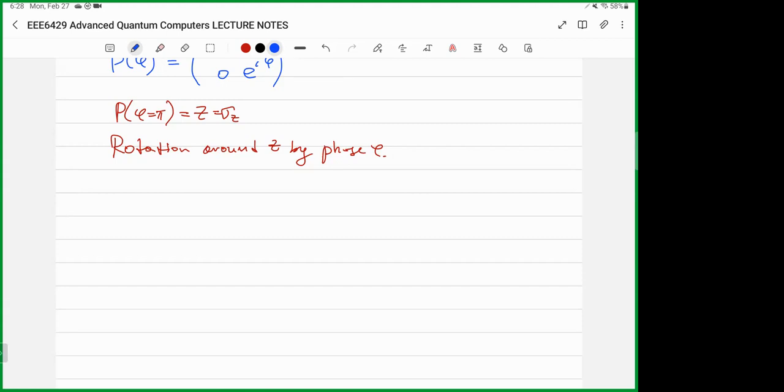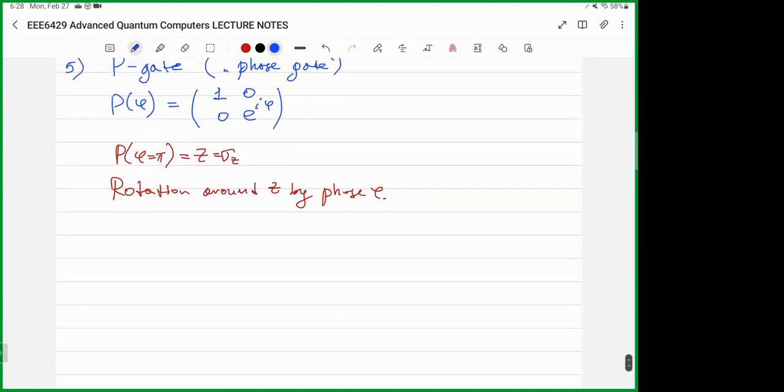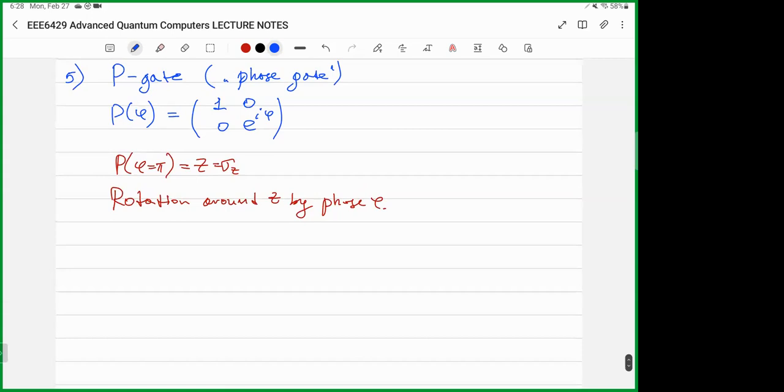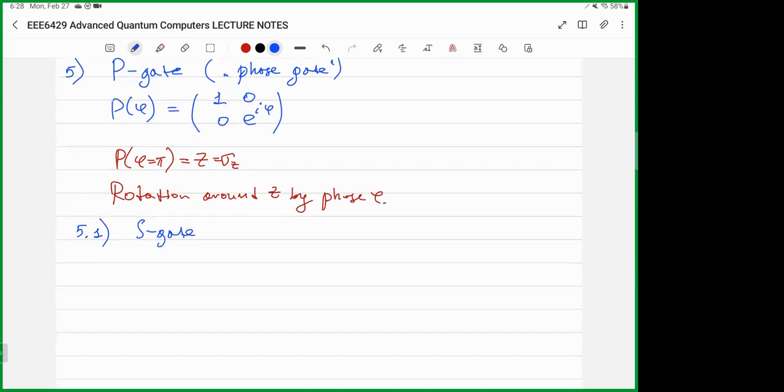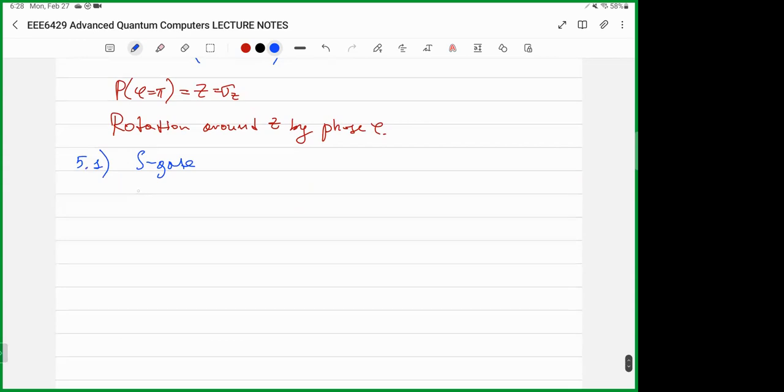particular case of this phase, sometimes we introduce another gate, the S gate, which is nothing but the P gate for phi to be pi over 2.